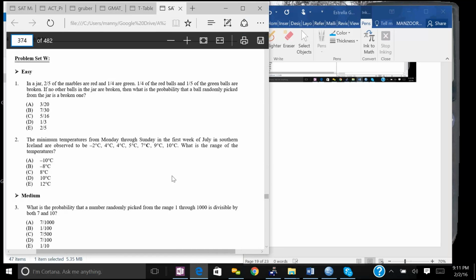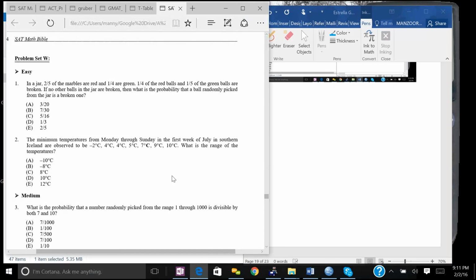I just told you the definition not too long ago, so you should be able to do it now. The highest to lowest, you said. What is the highest? 10. What is the lowest? -2.